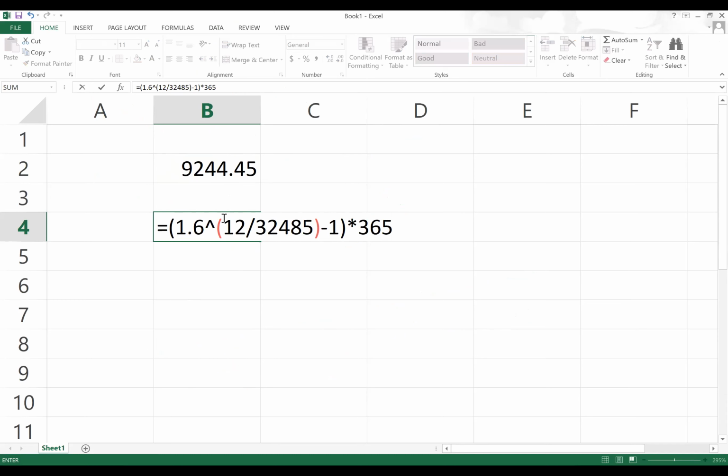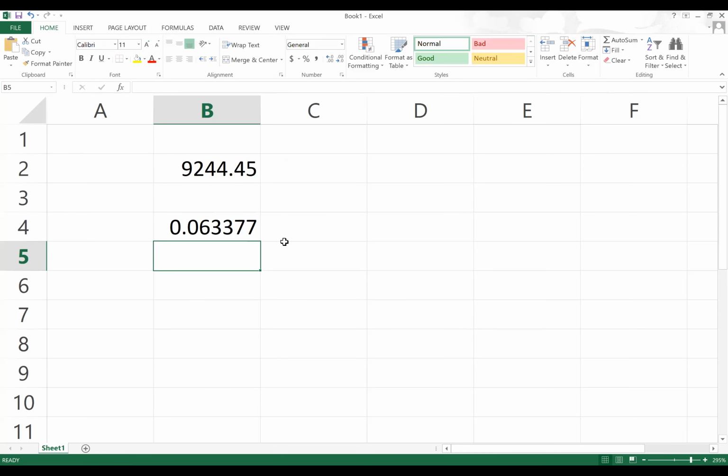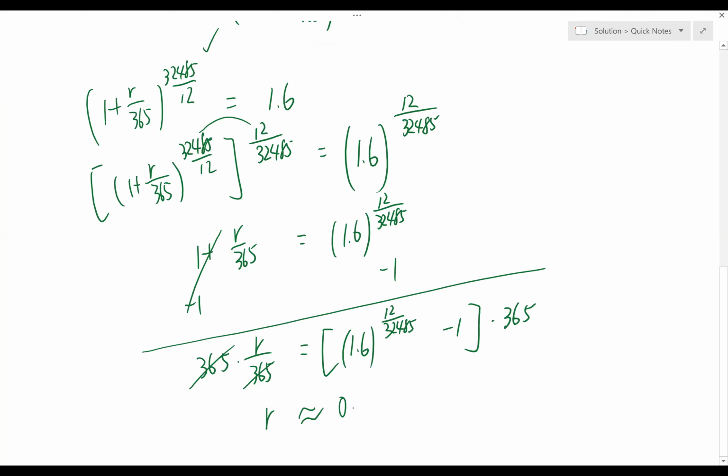And that will give us the answer once you hit enter. The rate, rounded to 4 decimal places, is 0.0634. So that's about 6.34%. Any questions on this?